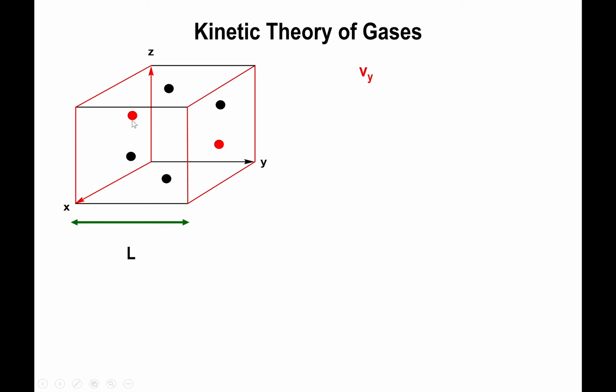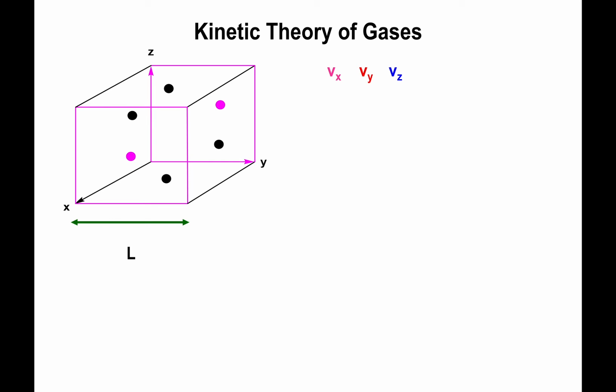So here we have the 2 portions of the same gas moving left or right with some velocity y or speed y. The ones that are going up and down are moving in the z trajectory, and the ones that are moving in and out are the ones moving in the x direction. And they all have the same average speed.